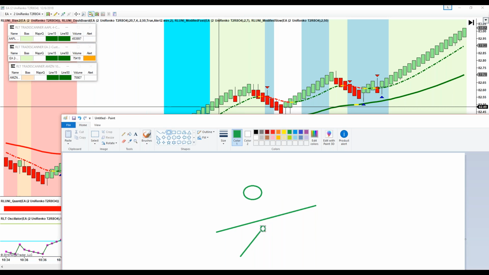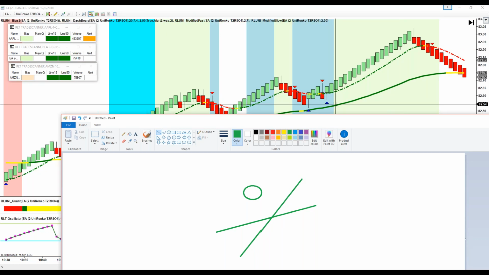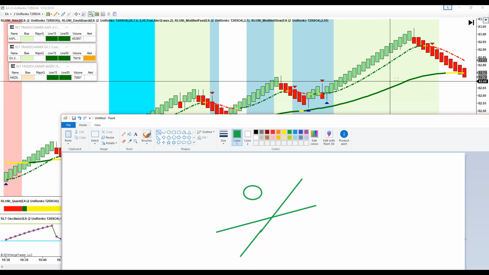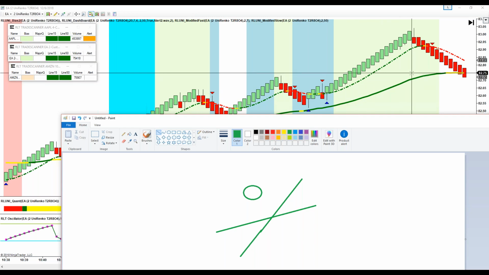Hopefully, the trade will evolve and the 15 will cross the 50. And that's when you get this dark green. That's when price is almost always going to rise on your trading chart. The only thing that you need is an entry trigger. You know the direction.